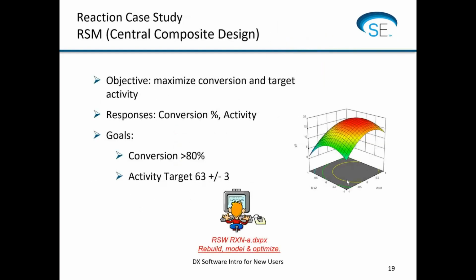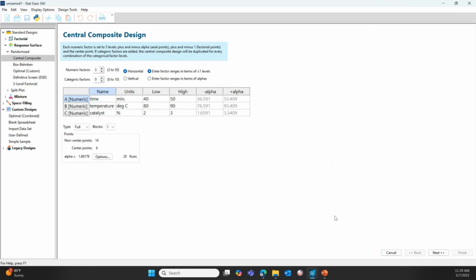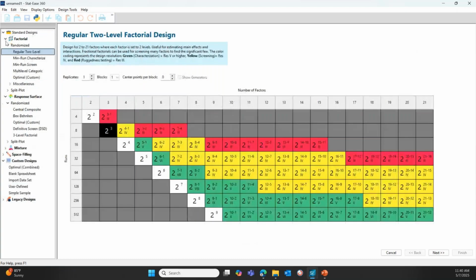All right. So here's what we're going to do. We want to maximize conversion and target activity. We want conversion to be at least 80% and activity to be, as we said. So let me call that one up. How are we going to set that one up? I think it's this one. Yeah. So let me show you where we found this. Instead of going through the factorial, in the menu path we're underneath response surface designs, and we're going to pick the central composite.